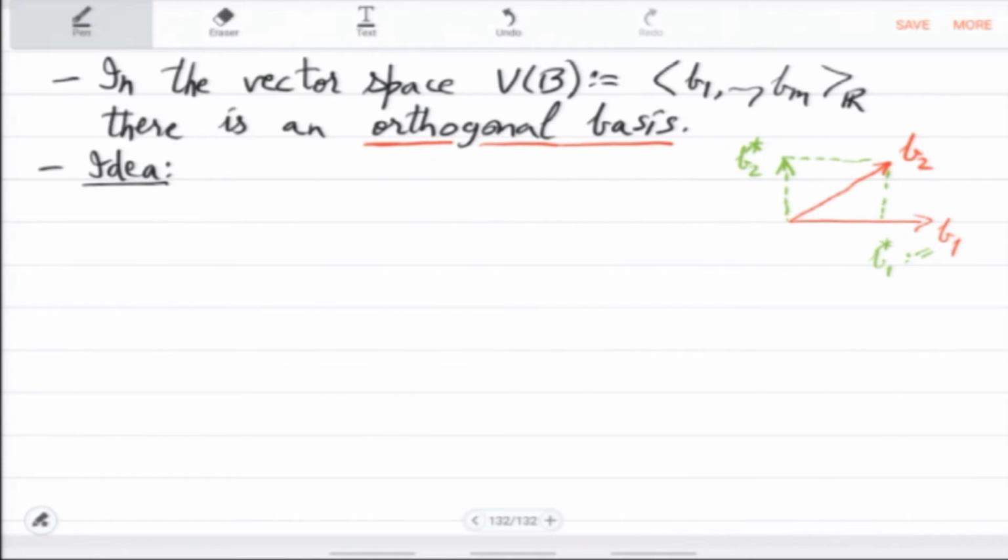This is the starting point of the Gram-Schmidt orthogonalization algorithm. You are given a basis, you start with the first two, project B2 on B1 and remove that component from B2. What you are left with is called B2 star, and that is orthogonal to B1 star.